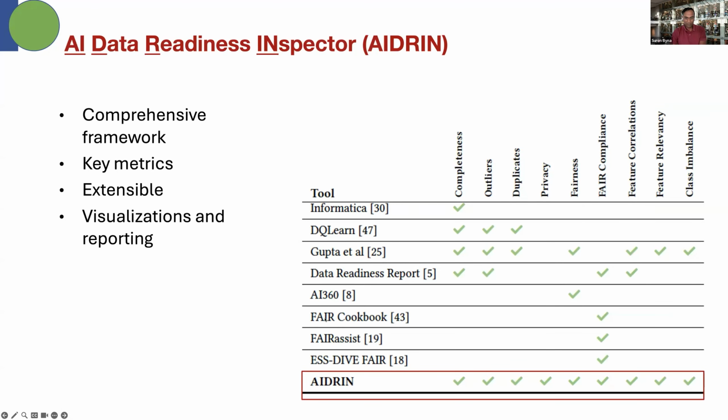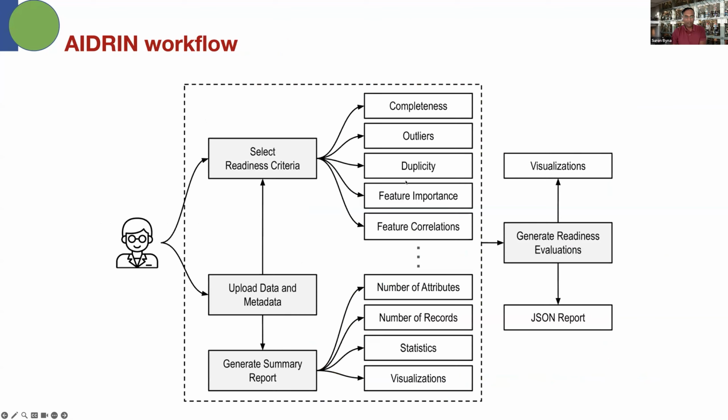And it is much more comprehensive than many other tools that are out there. Basically, the user can give their data, select all the criteria they're looking for, and then the analysis gives visualizations and a data readiness evaluation that can be used for checking whether it is ready or not.